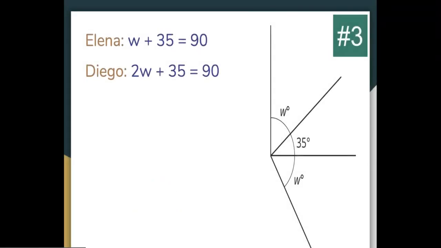Looking at our third situation, Elena thinks that W plus 35 equals 90, while Diego thinks that 2W plus 35 equals 90 degrees.